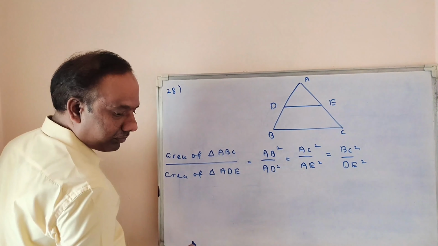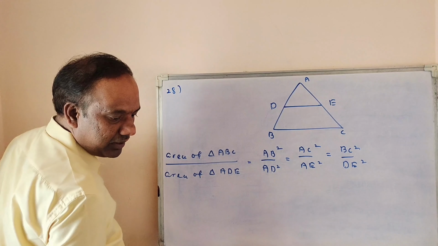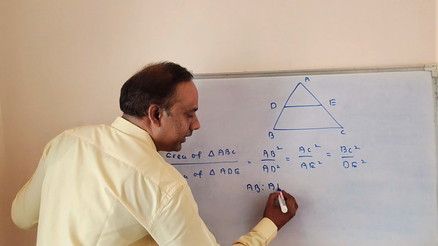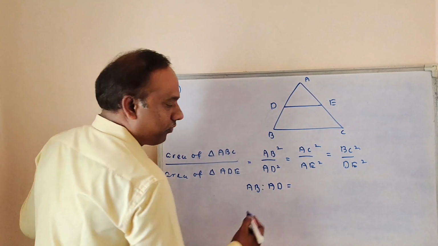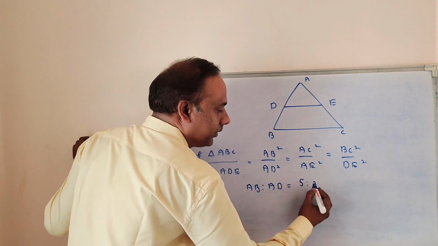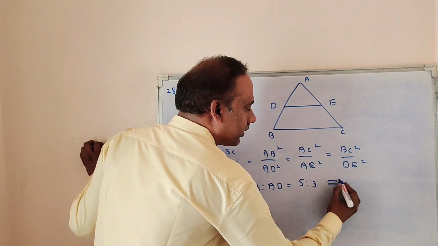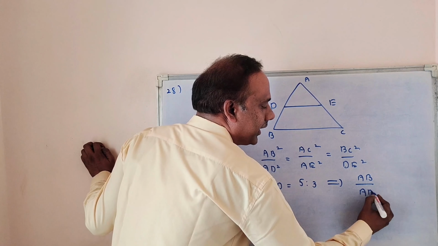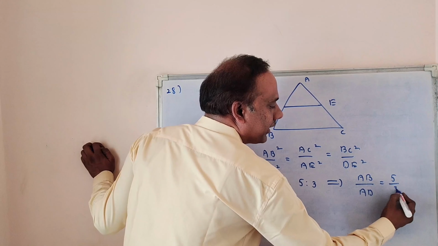So here they have given AB is to AD is equal to 5 is to 3. That means AB by AD is equal to 5 by 3.